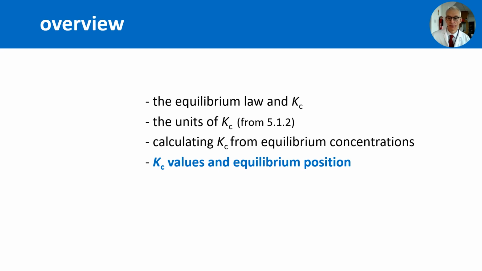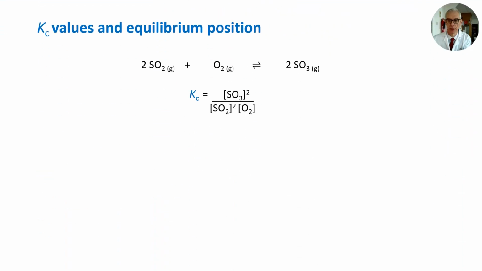Calculating Kc from equilibrium concentrations. The value of Kc also tells us something about the position of equilibrium. So let's look at sulfur dioxide and oxygen forming sulfur trioxide. Using the equilibrium law gives this Kc expression.